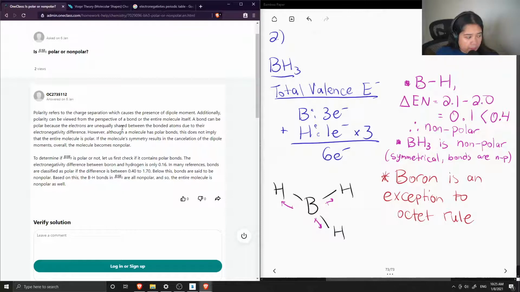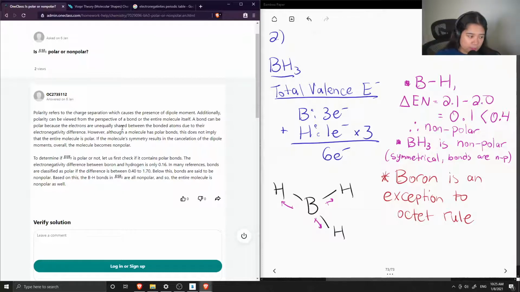To determine if BH3 is polar or not, let us first check if it contains polar bonds. Electronegativity difference between boron and hydrogen is only 0.16. In many references, bonds are classified as polar if the difference is between 0.4 to 1.7.